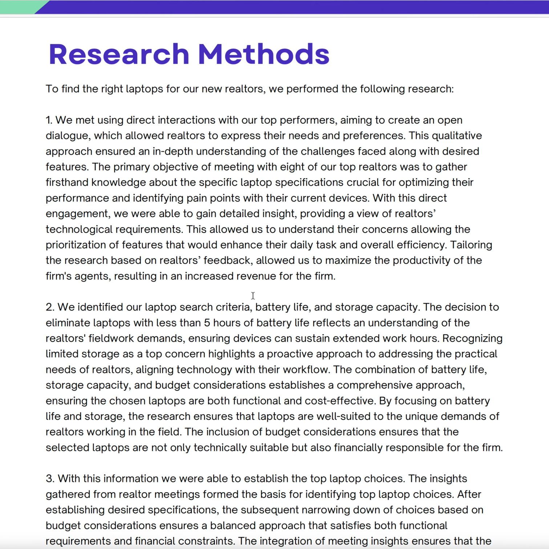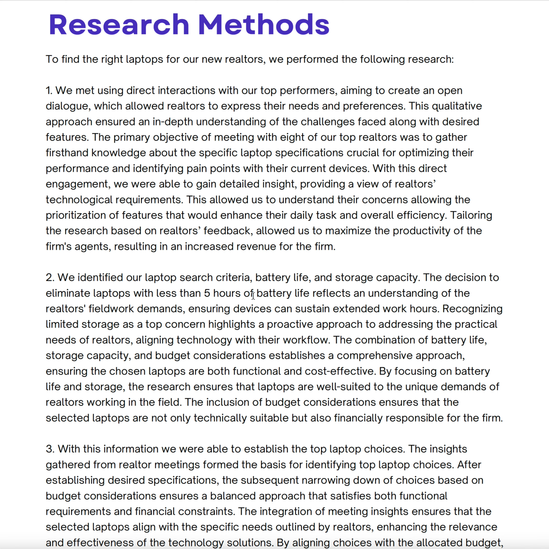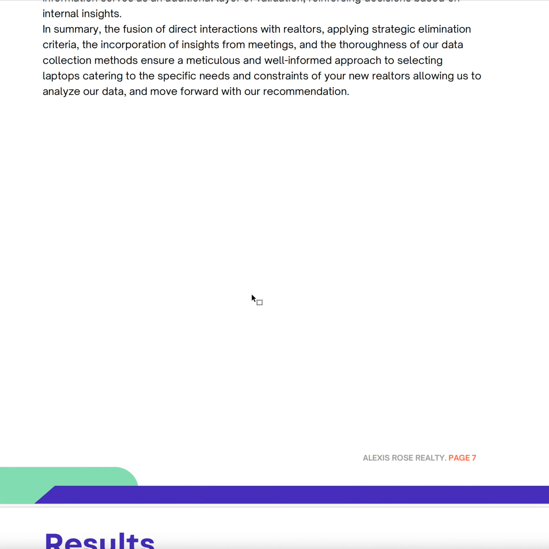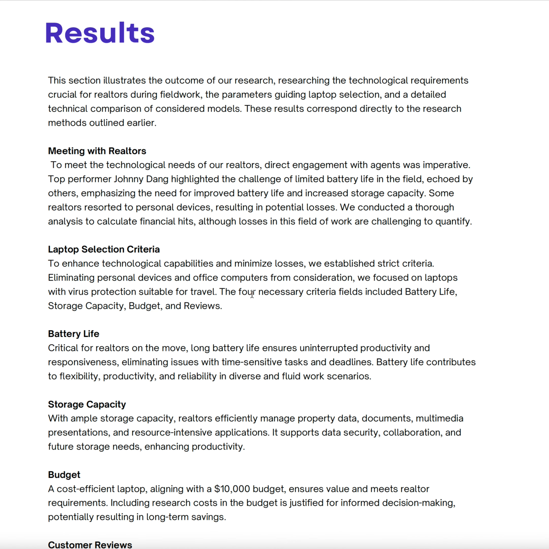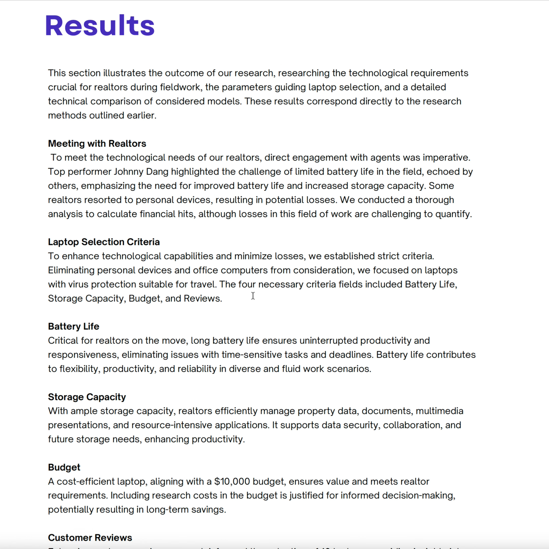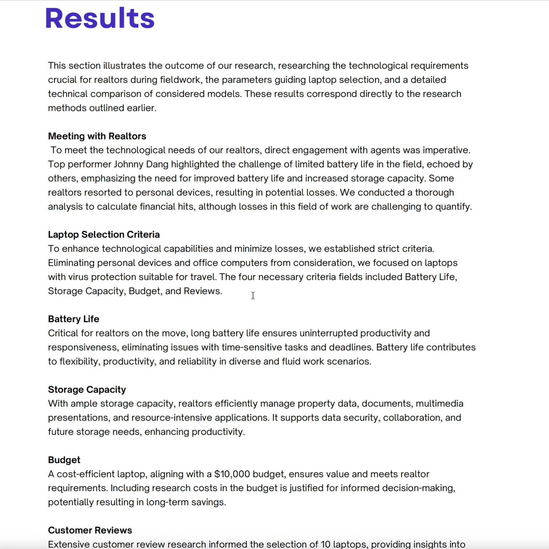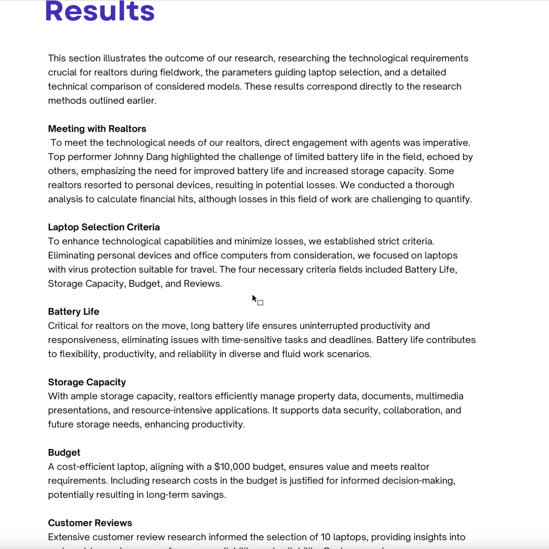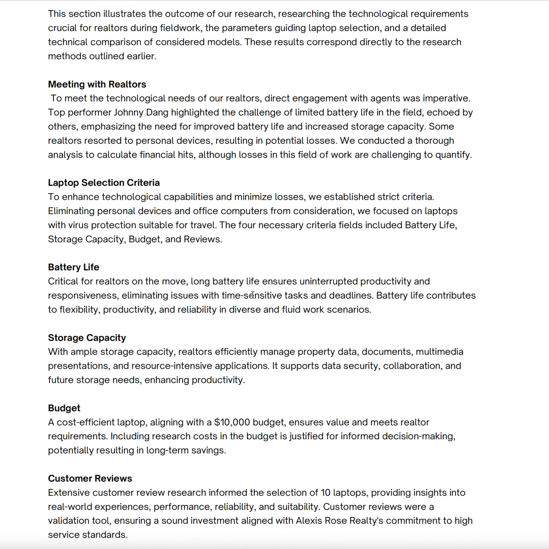So that's one. The second thing is not explaining enough about your research methods. The third is that you need quite a bit of content in your results section. You need to connect what you're finding out back to the needs of the realtors or the new employees, whoever you wrote about.